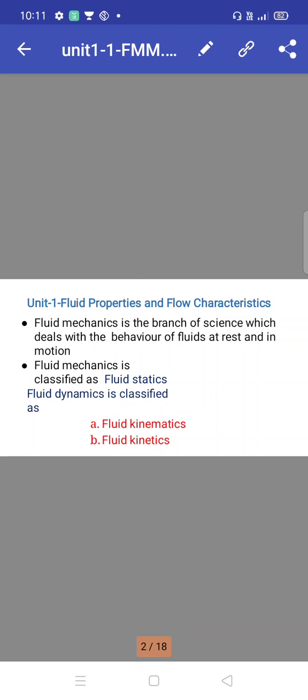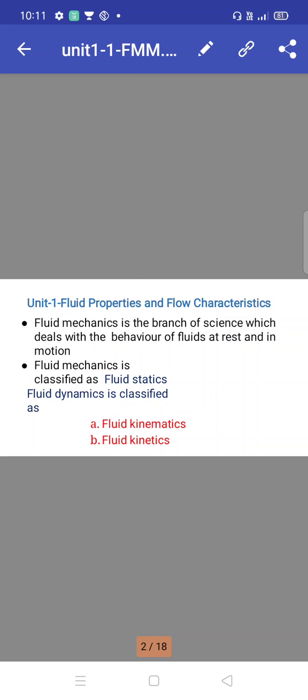In motion we can categorize into two categories, fluid kinematics and kinetics. The term kinematics specifies the fluid in motion without consideration of force. We need not bother about the force acting on the fluid. These things we won't consider.